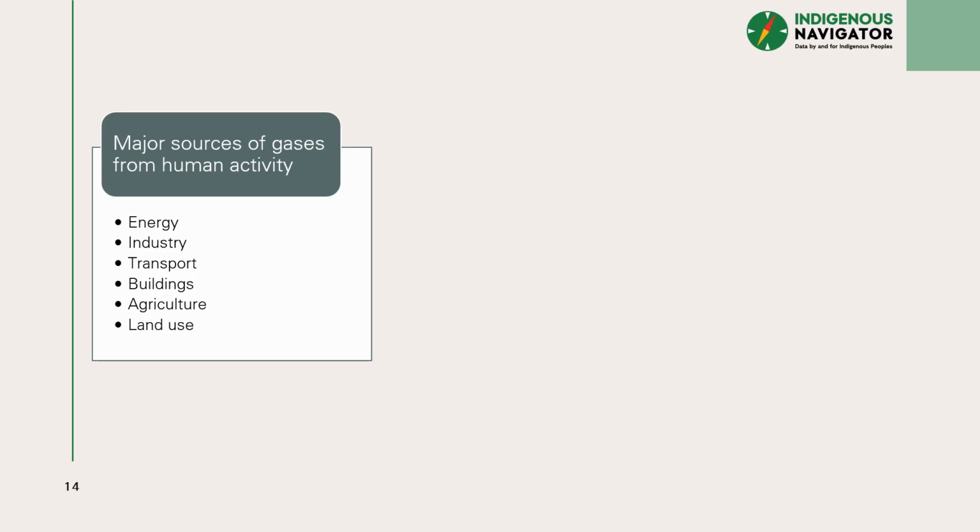The major sources of these gases from human activity include energy, industry, transport, which includes transport of people, goods, and services using fossil fuels, buildings, agriculture, which includes industrial meat production or livestock use, and land use.